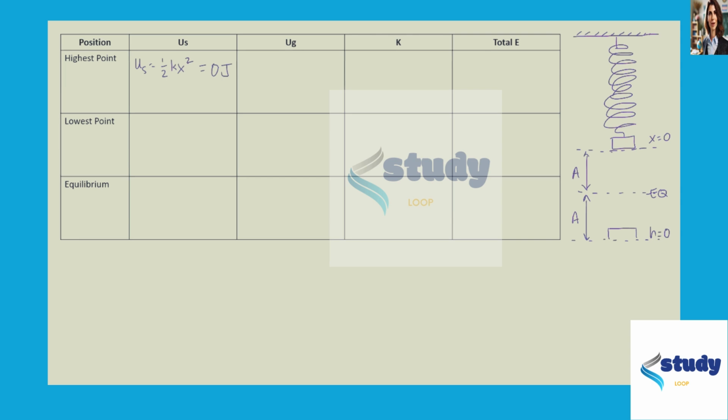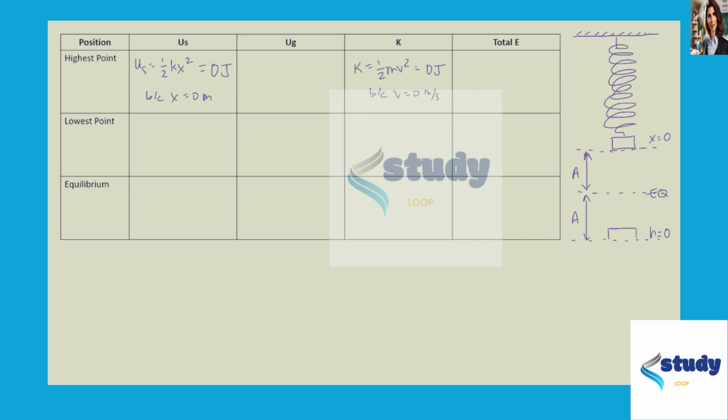And similarly, when our cat is at the highest point of its bounce, the kinetic energy, which is 1/2 mv squared, is going to be 0 joules again, because v is 0 at the top. And I'm going to go back and add over here that x is 0 meters.